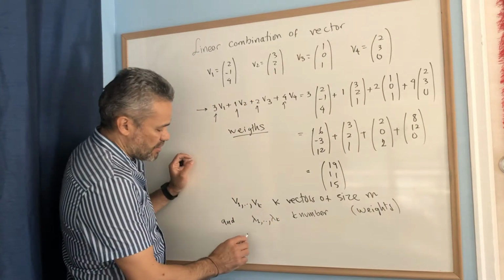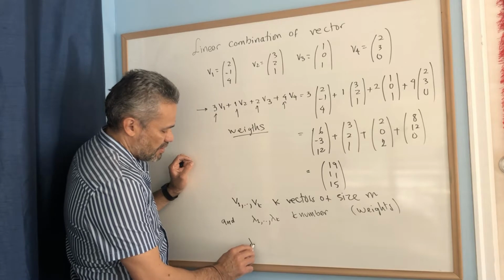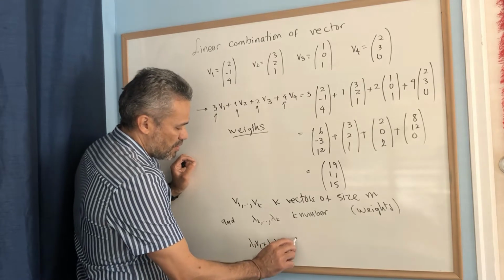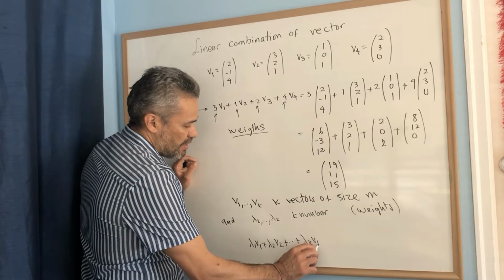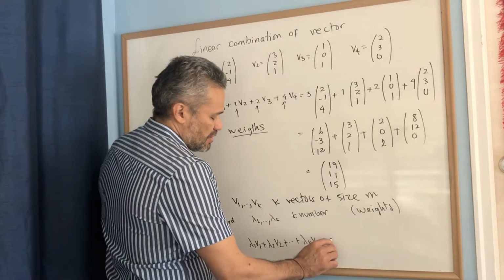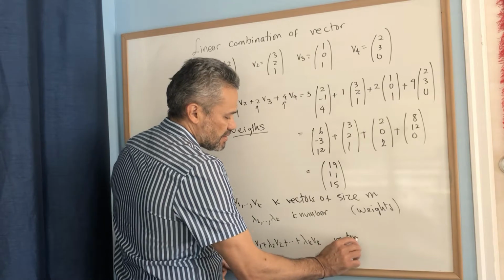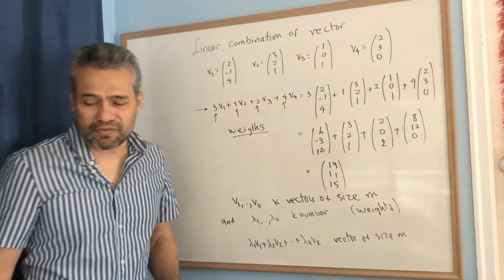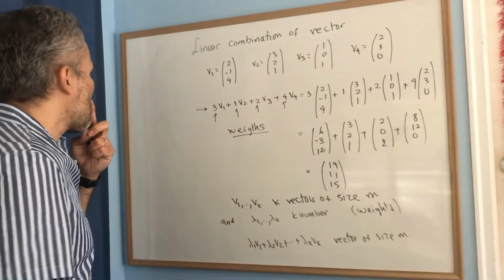Then the linear combination is the vector lambda 1 b1 plus lambda 2 b2 plus up to lambda k bk, and this is a vector of size m. Right? That's the notion of a linear combination.